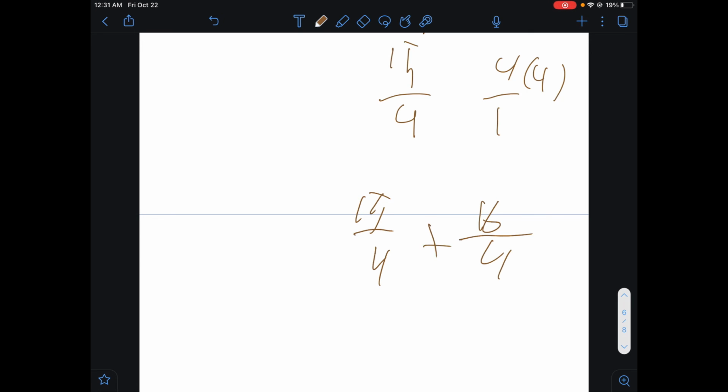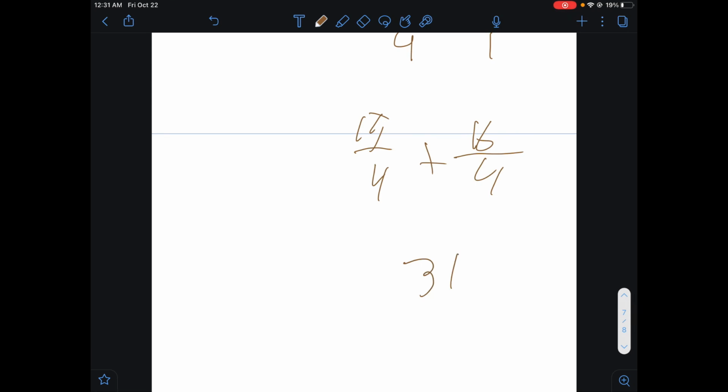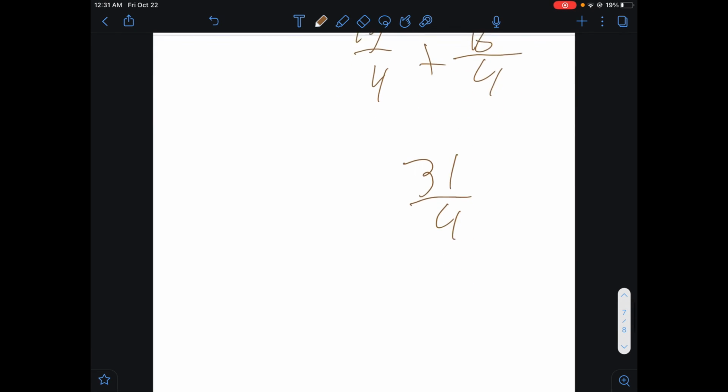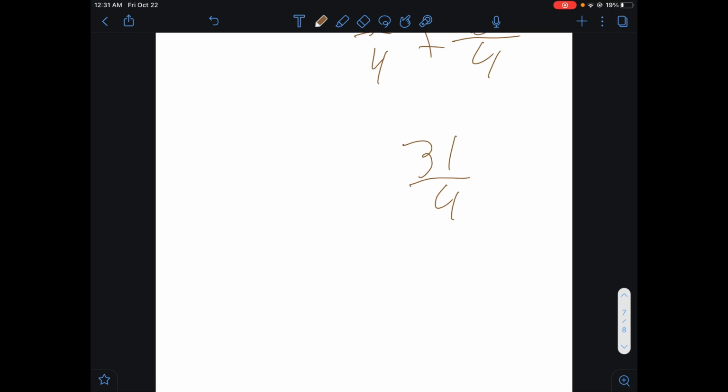So now we add them, and we have 31 over 4. We use that and put 31 over 4 plus 5 over 4x to keep on the equation, and there we have it.